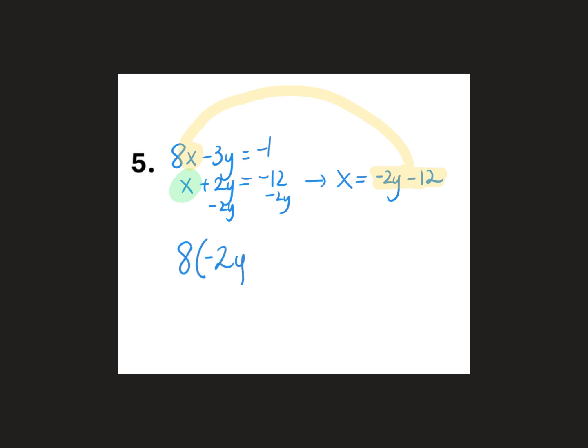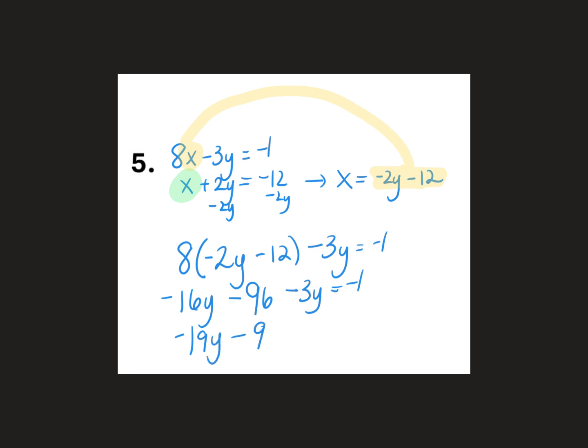I'm going to put negative 2y minus 12, and then everything else stays the same. I'm going to distribute, combine like terms, add 96, and divide by negative 19. Y will equal negative 5.